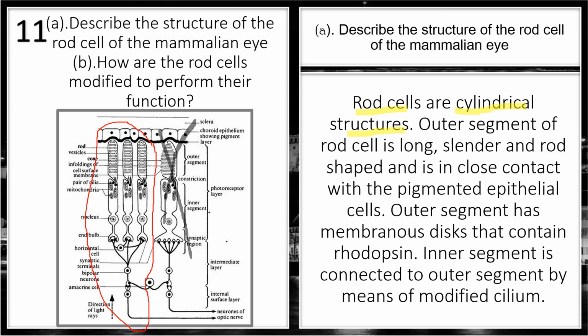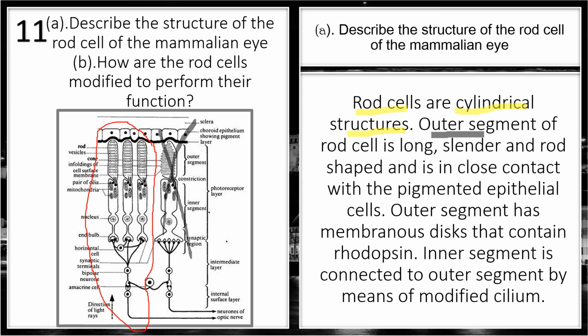This one is a cone cell, but we need to concentrate on the rod cell. When you look at the rod cell, you can see that it is cylindrical. You look at their shape, they are cylindrical.